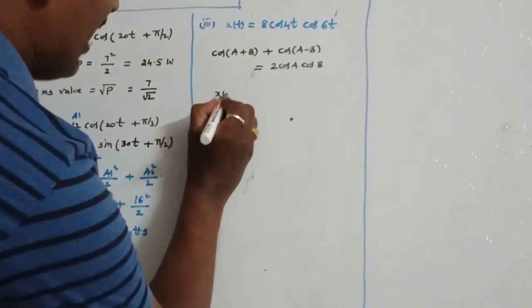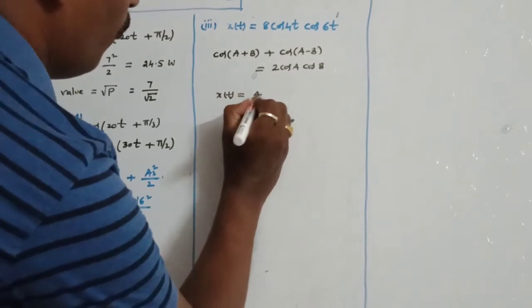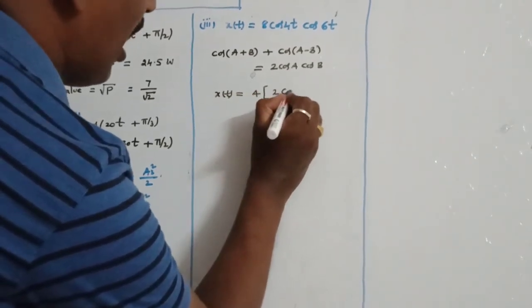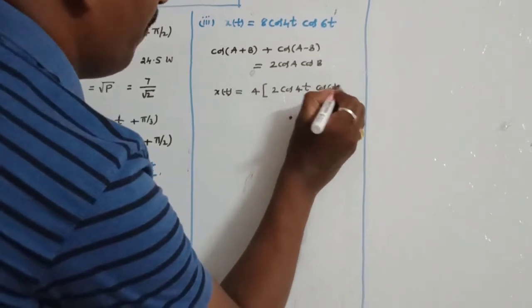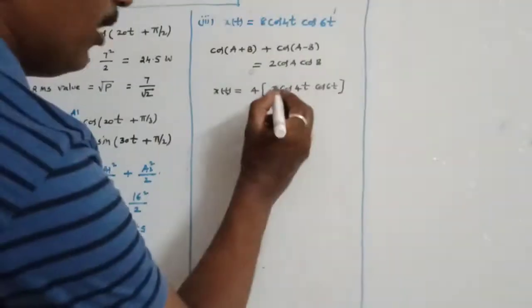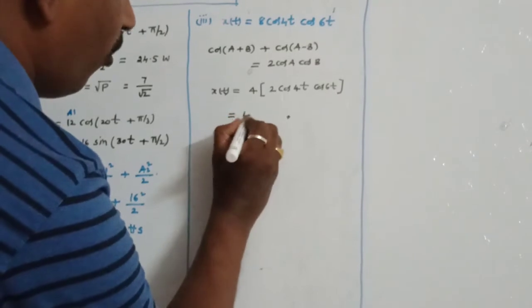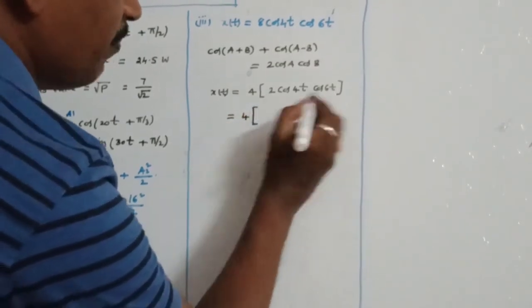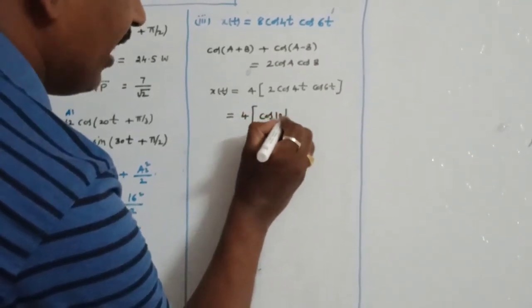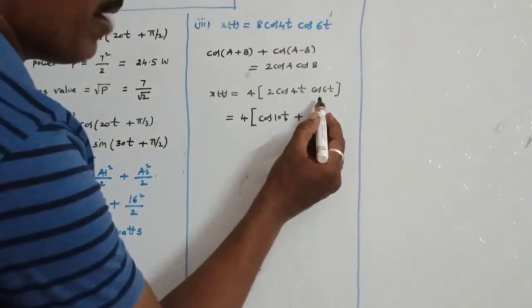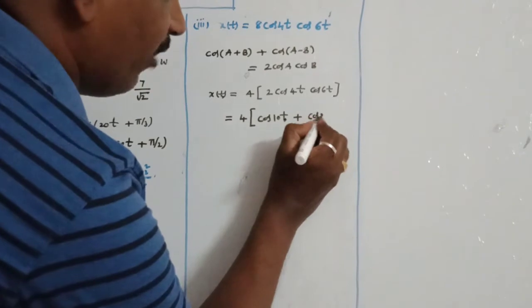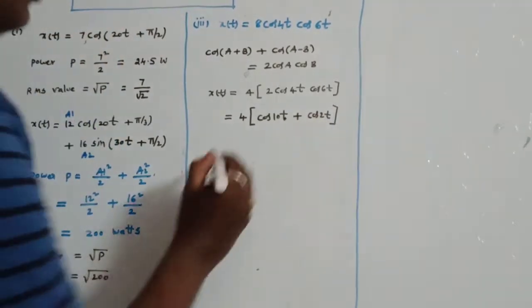Therefore x of t is written as 4 times 2 cos 40t cos 60t, where 40t is a and 60t is b. Applying the 2 cos a cos b formula, 4 into cos of a plus b, that is cos 100t, plus cos of a minus b, 40 minus 60 is cos of minus 20t, which is cos 20t.